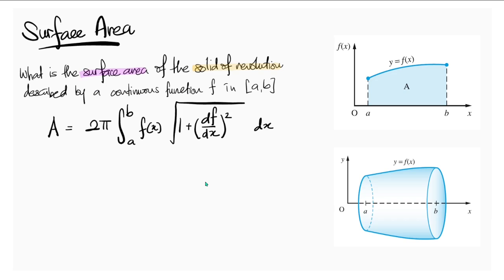Another one is, just now we tried determining how to find the volume of this solid when the area under the curve is revolved around the x-axis. So what about the surface area of the solid?